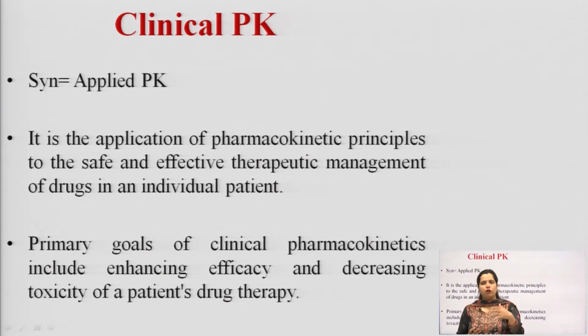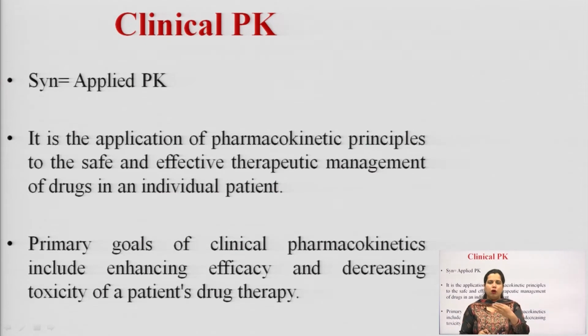From the pharmacokinetic study, we can establish that the drug is absorbing through certain barriers, like if we talk about tablets, a solid dosage form, it is getting absorbed through the GIT lumen, that is, the GIT lumen is known as a barrier.